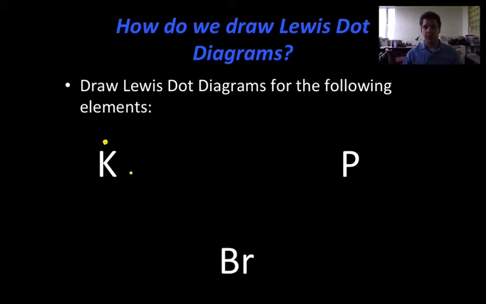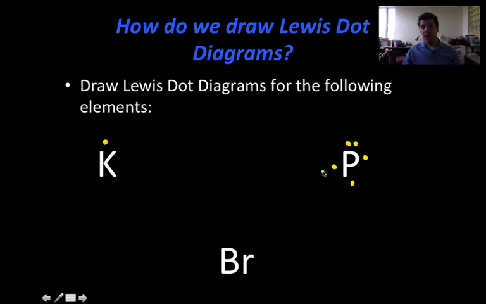Okay, let's move on to phosphorus. If you went back to the periodic table, you see he's in the 5th column. So we're going to pick a side. I'm just going to pick the top again. We'll start with our single electron up top, and then we move around clockwise and distribute each dot to each side. So we start with 1, we go to the next one, that's 2, here's 3, 4, and remember that phosphorus has 5, so when we come back here, now this top section is going to get 2 dots.